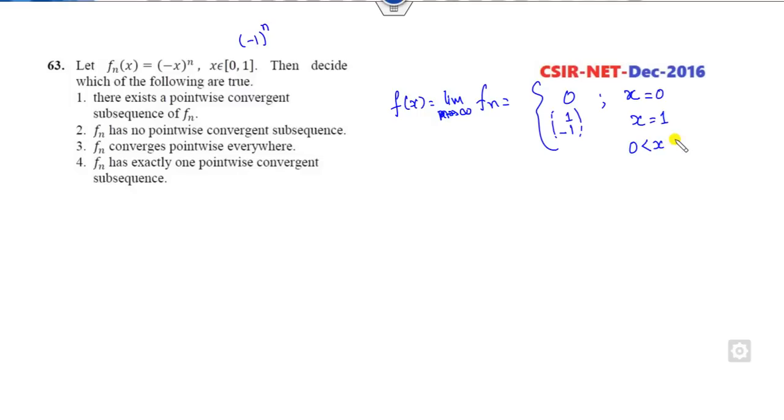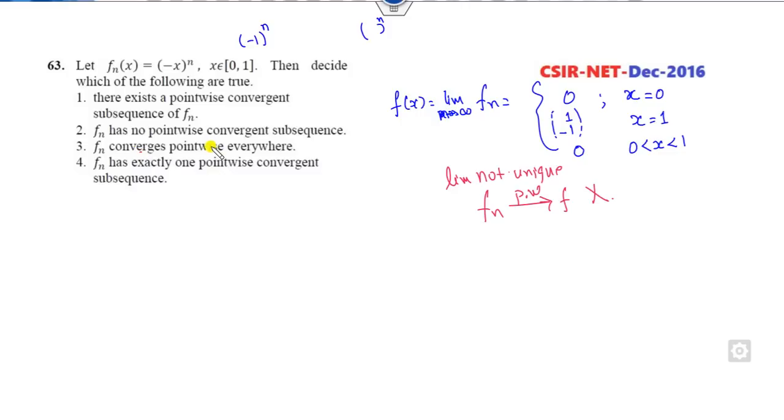Whenever x lies between 0 and 1, x raised to power n is 0. So clearly the limit is not unique. So Fn converges to f pointwise does not hold.